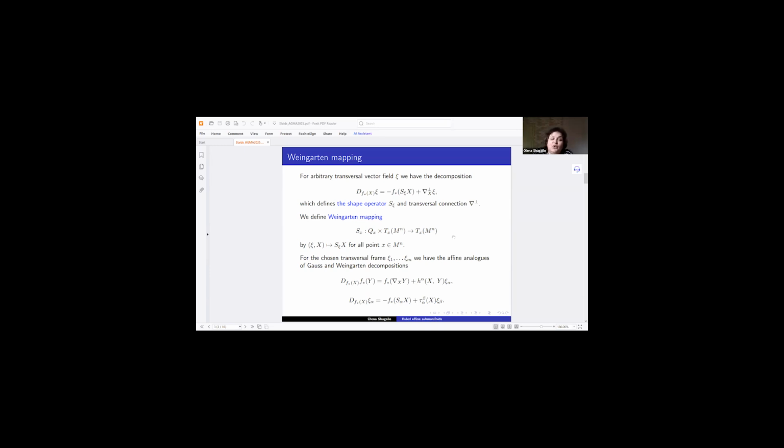For a chosen transversal frame Xi_1, ..., Xi_m, we have the affine analogues of the Gauss and Weingarten decompositions. We denote by H^alpha the components of the affine fundamental form, S_alpha the components of the Weingarten mapping or shape operators, and tau_alpha^beta the components of the transversal connection.